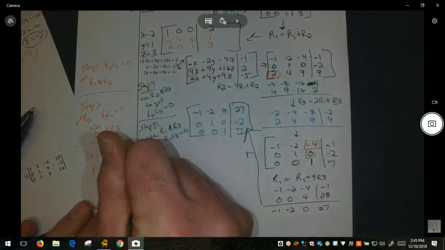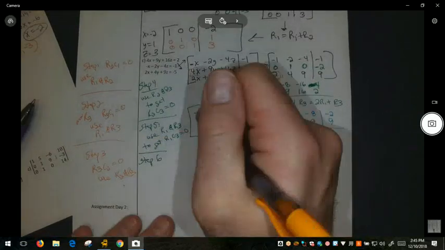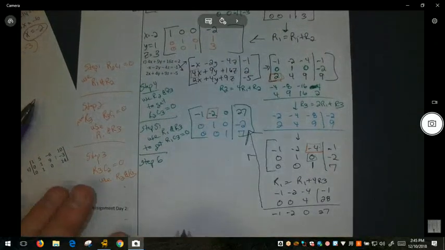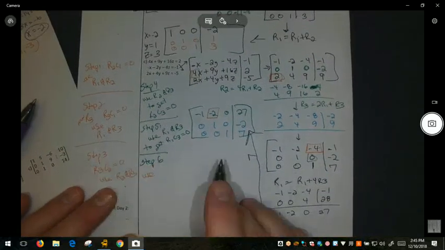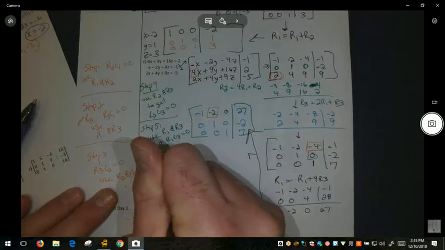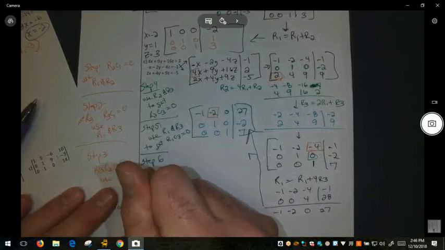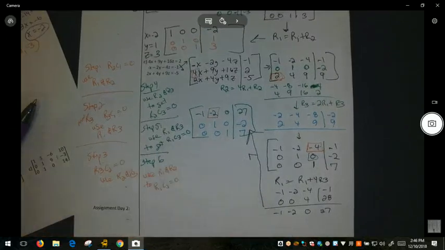Step 6 of using elimination methods. We're going to use row 2 and row 1 to get row 1, column 2 to equal a 0.